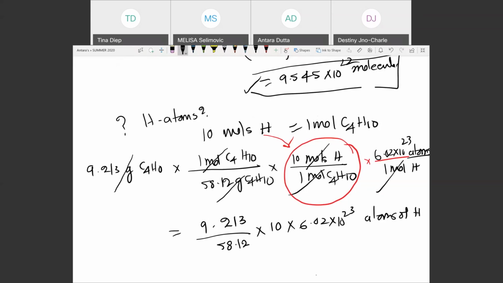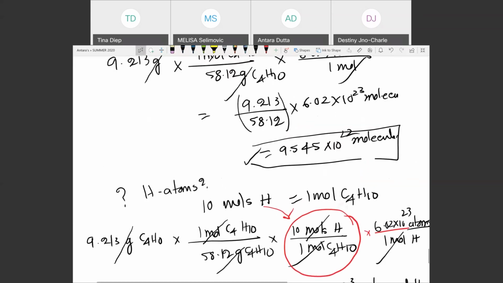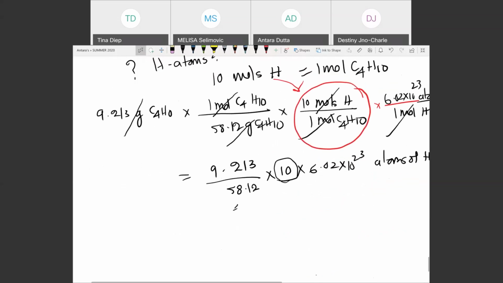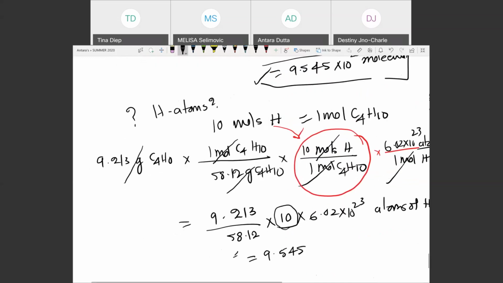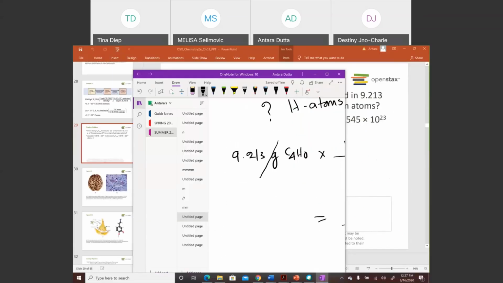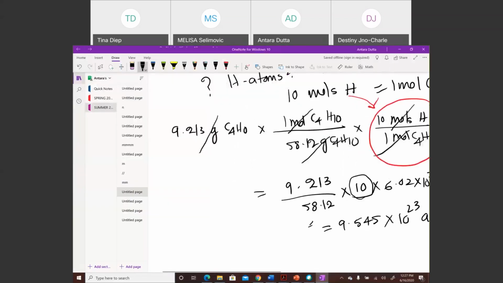The only difference is I'm multiplying by 10, if you compare the previous calculation and this calculation. So I'm going to use the same number, 9.545, multiplied by 10. That means 10 to the 23 atoms of hydrogen. Question? Everybody okay? Yes. Okay, good.